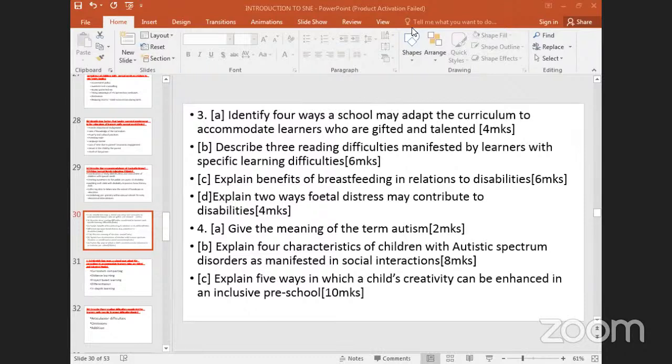But you know that to make the curriculum accommodate learners with special needs, the school might decide to add more things or more activities in order for the learners who are gifted and talented to participate or to continue working on.